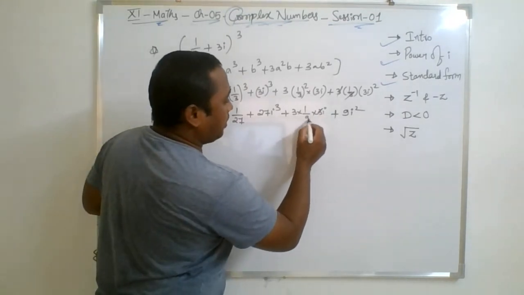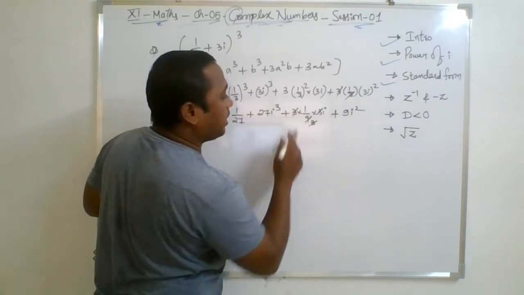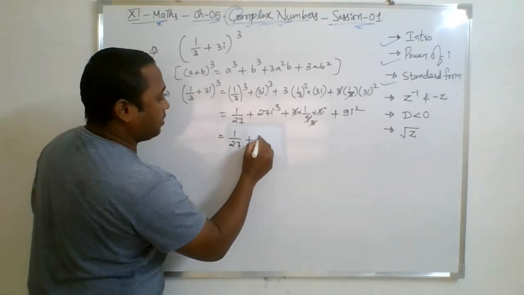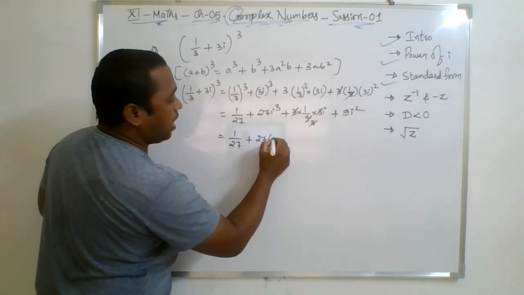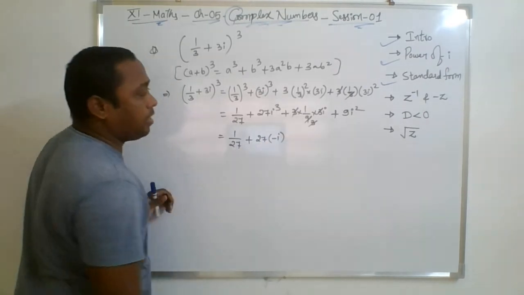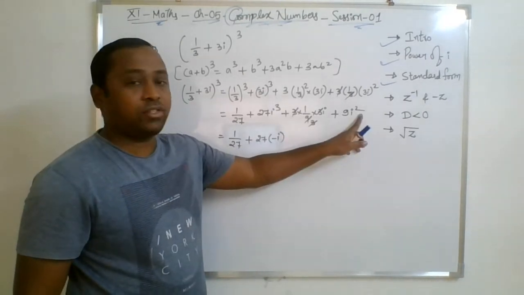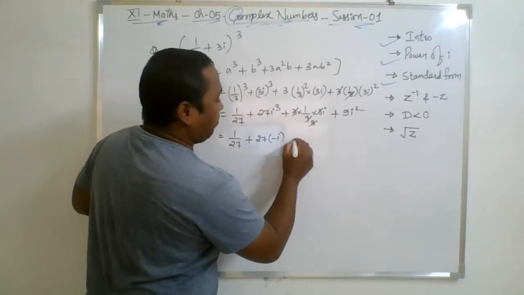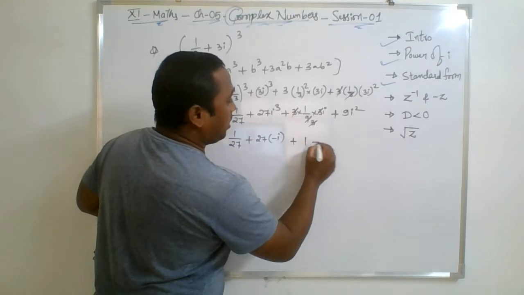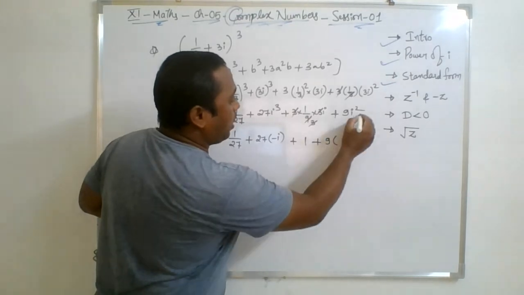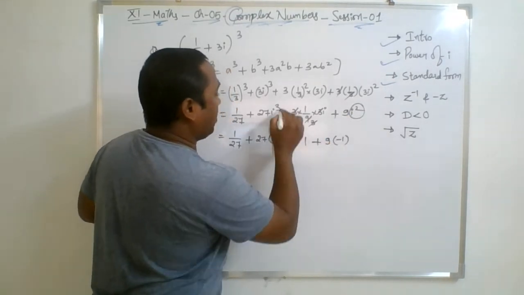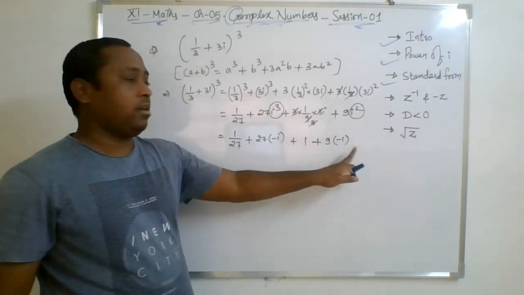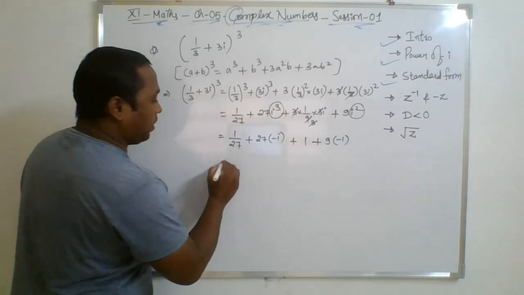Here 3 ones are 3, threes are 9, and 3 gets cancelled, so 1 remains. Now 1/27 + 27 into i cube, whose value is minus i. Wherever i cube, i squares are there, substitute their values. Then + 1 is the remainder here, and 9 into i square, whose value is minus 1. I have substituted the value of i cube and i square here and simplify further.